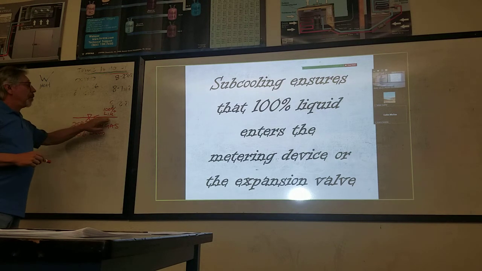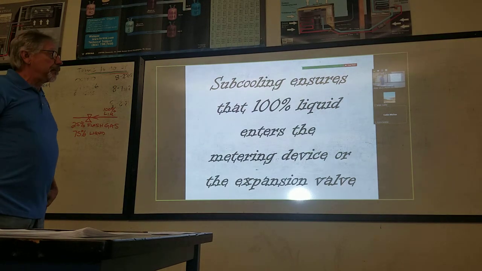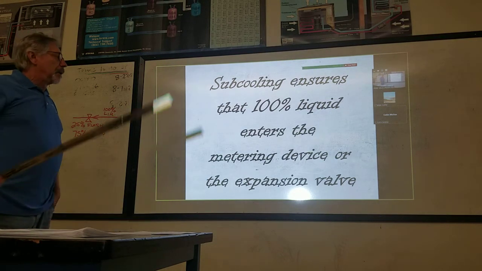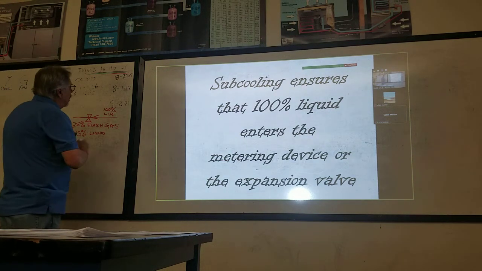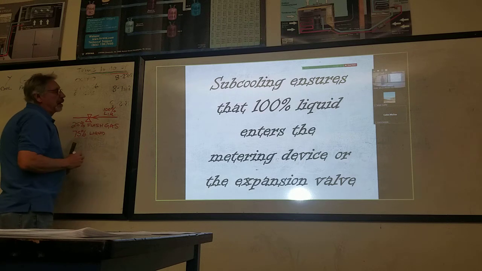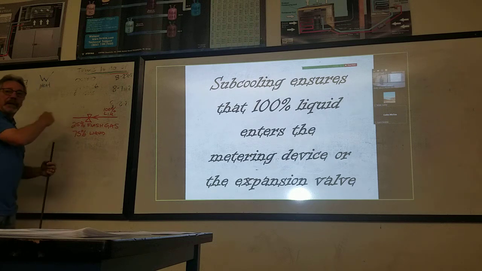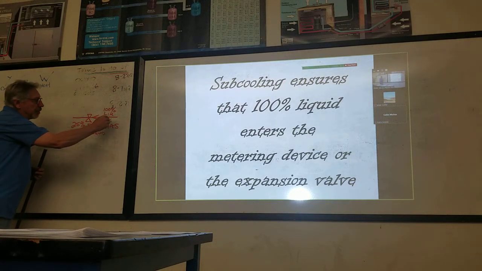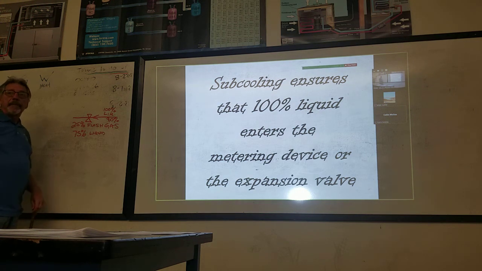If we've lost our subcooling, then at this point it's not 100%. So what's going to happen when it goes out of the metering device? Suppose you have 90% liquid going in and 10% vapor, then it drops down to 70.